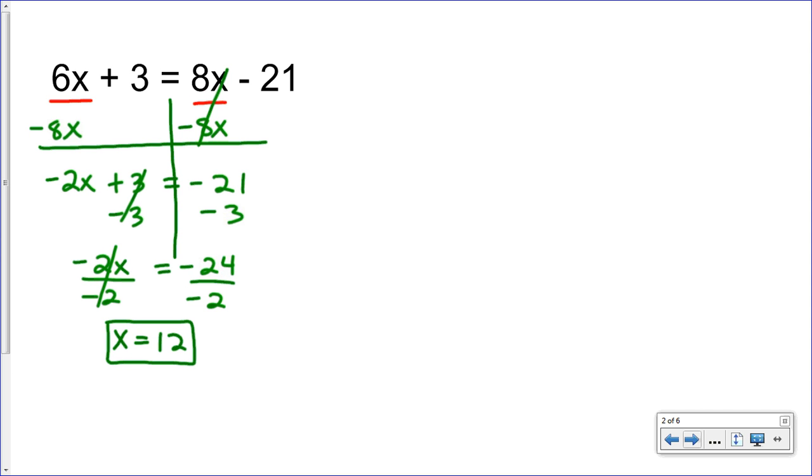Just like I showed you in the last video, we can check our answer by plugging in 12 for x. There are two different places I have an x, so I have to check both. Okay, when I check this, I'm going to type the whole left side in the calculator and then the whole right side.